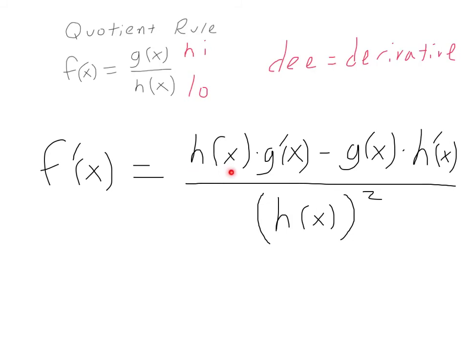It goes: low d high minus high d low, square the bottom and away we go. And you have to say square the bottom and away we go because it rhymes with high d low. So here's the rhyme: low d high minus high d low, square the bottom and away we go. And that's how you remember the quotient rule.